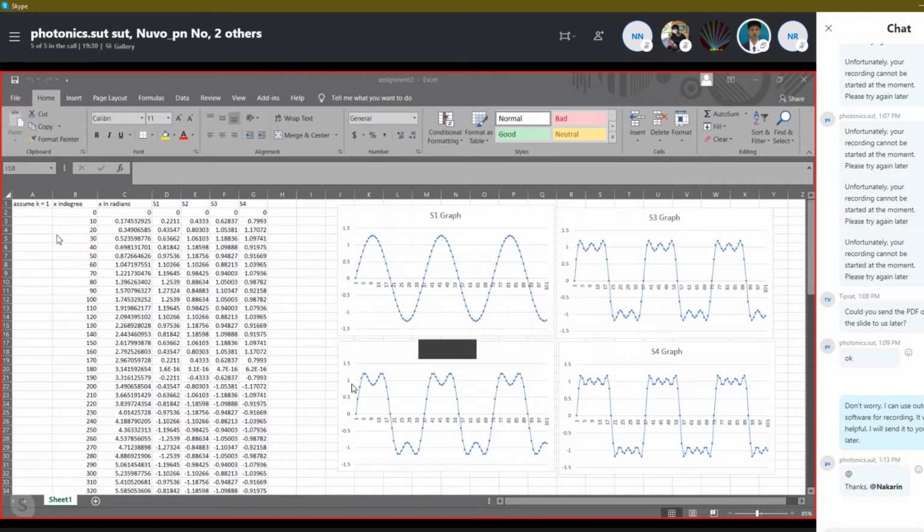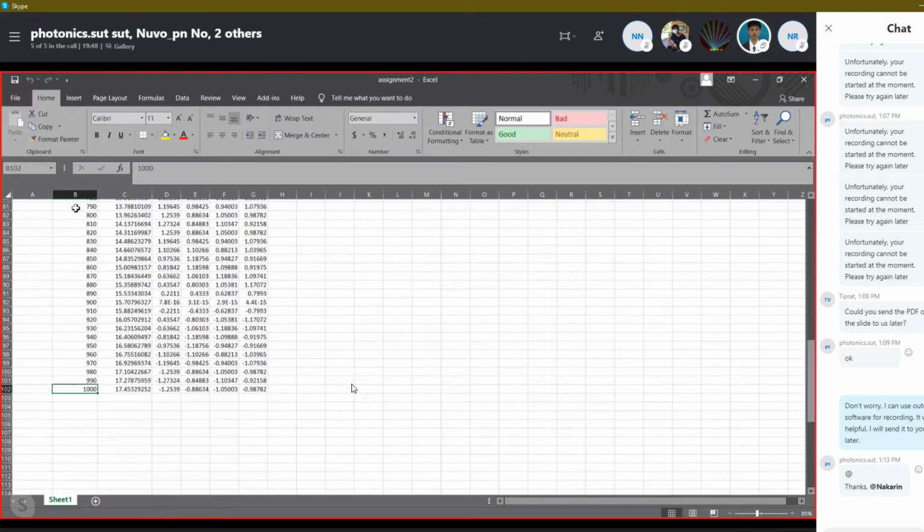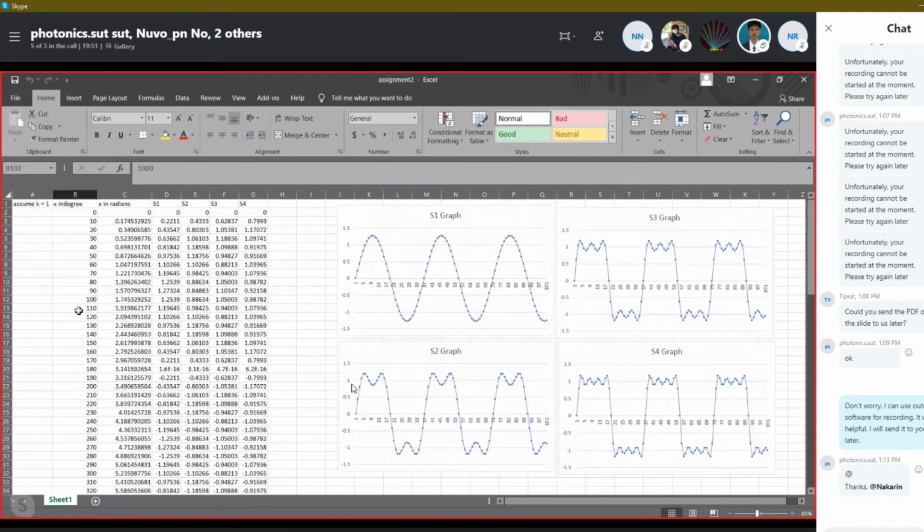Let me see the question. The question is to plot S1 to S4 of the function that you gave us. First I assume k is 1, and for the degree I start with 0 and add 10 by 10, and I change it into radians.